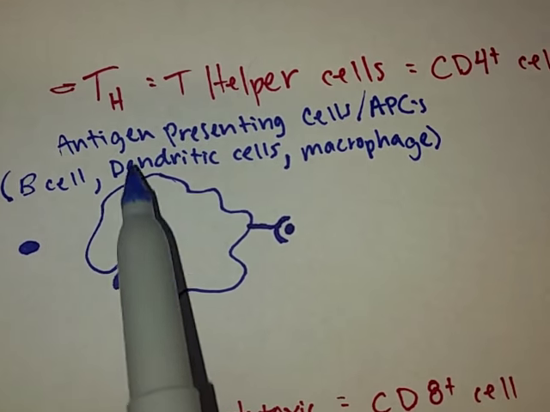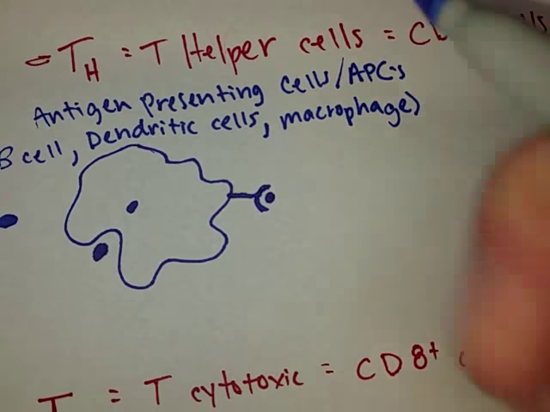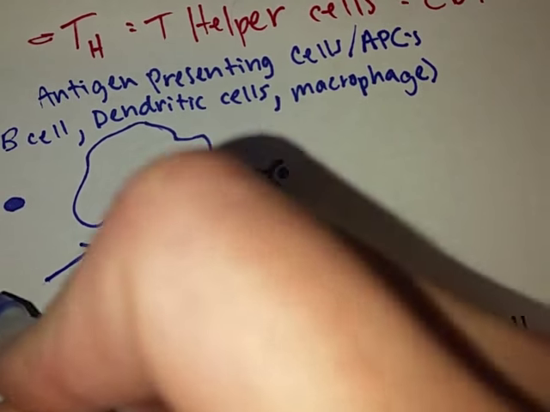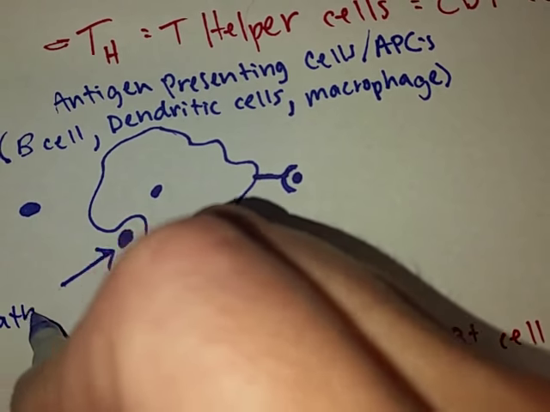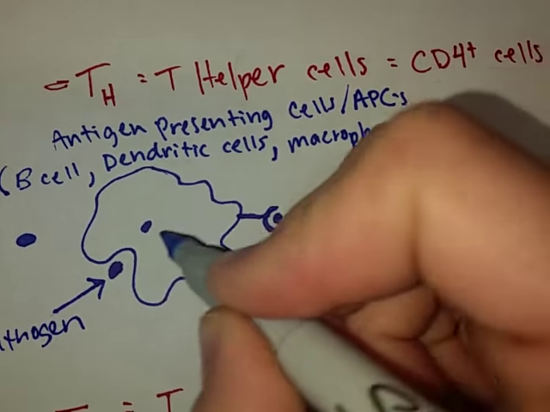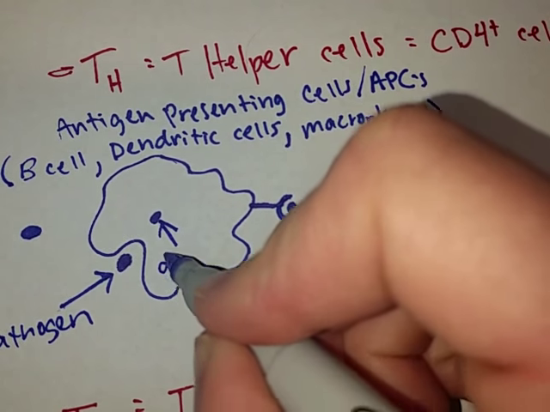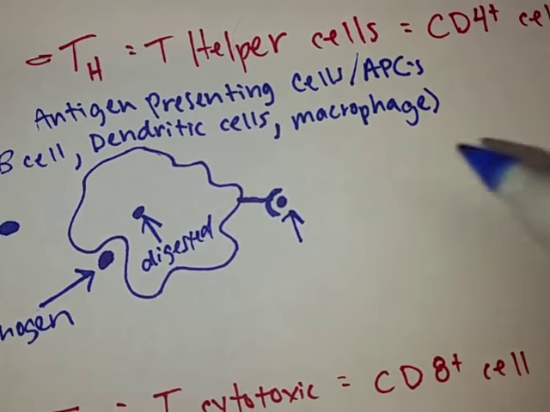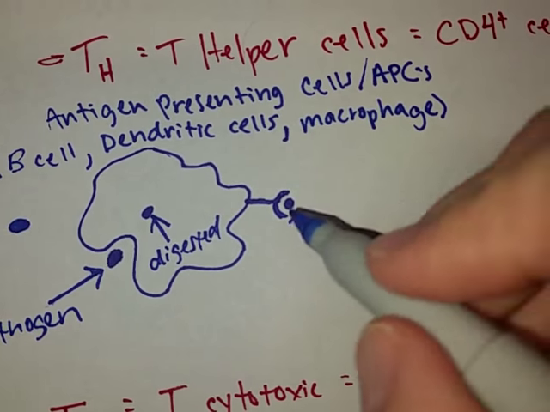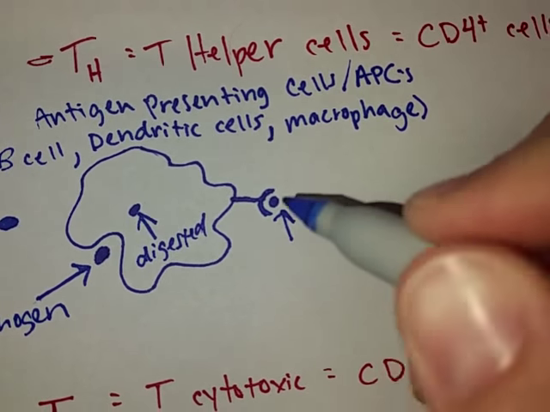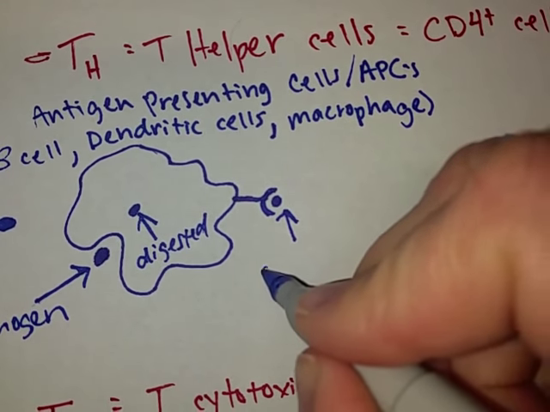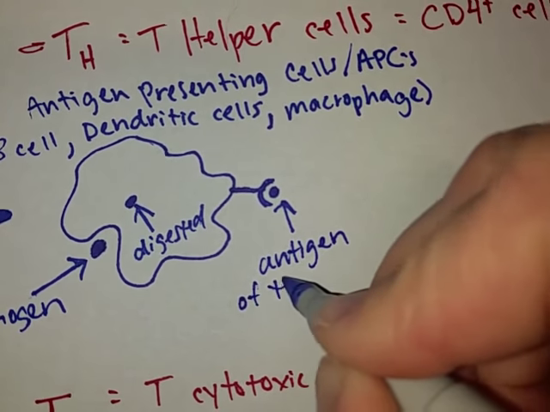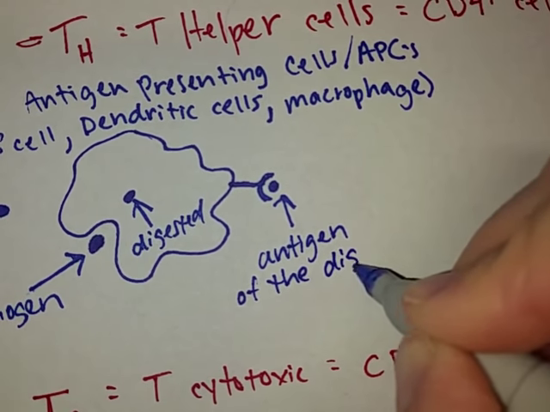That's where it gets its name. It's presenting some type of antigen. So I'll put here, this was the pathogen. It got digested here, and now part of that pathogen, its antigen, is being shown. So an antigen of the digested pathogen.